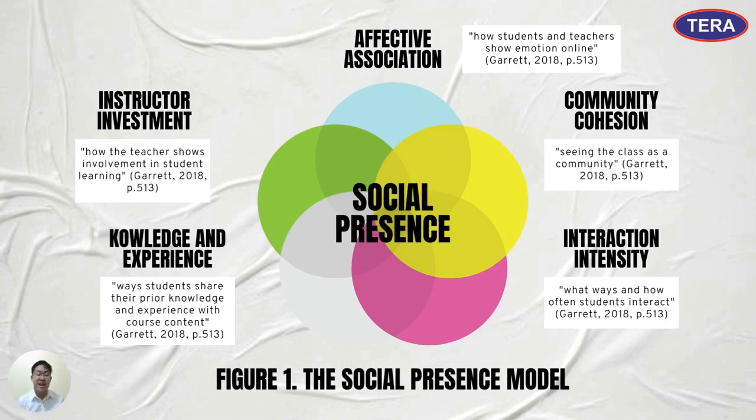We need to create a healthy, fruitful environment where students can freely interact and share their knowledge, their opinions, and even their own experiences. For knowledge and experience, this is a way students share their prior knowledge and experience with course content. And instructor investment is how the teacher shows involvement in students' learning.